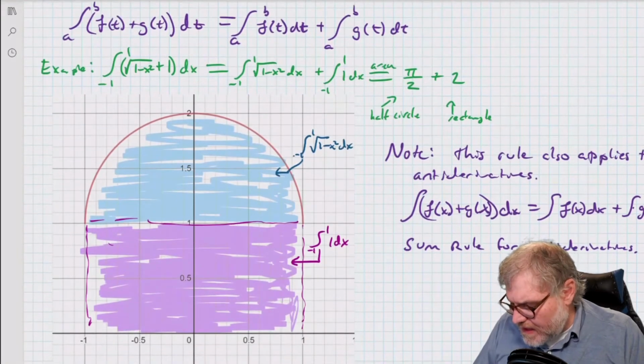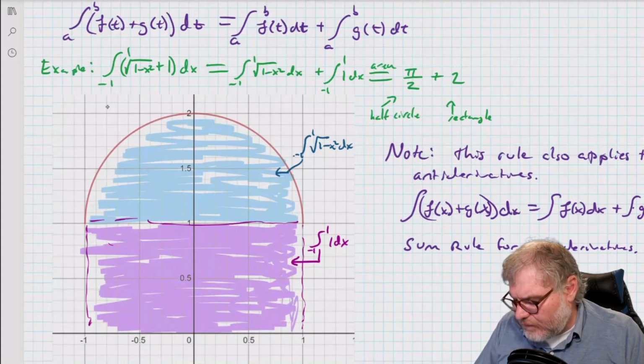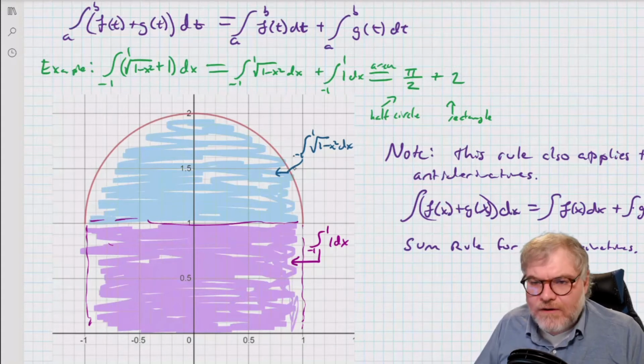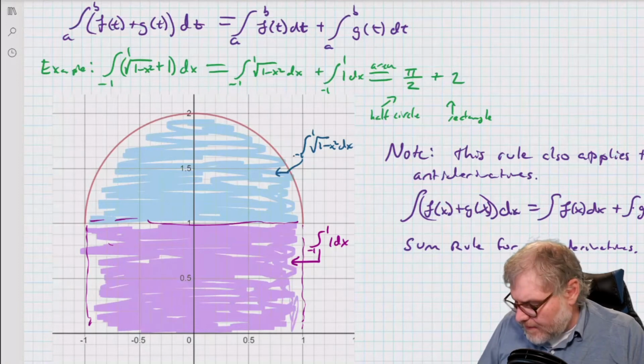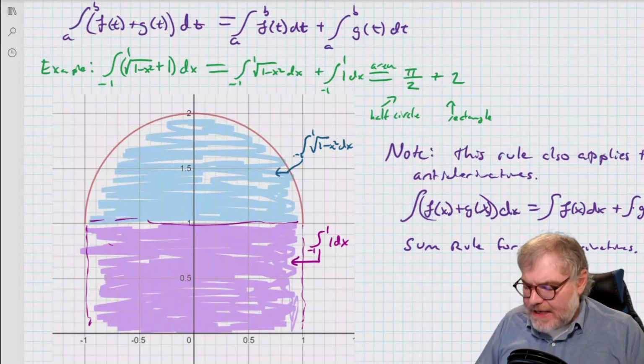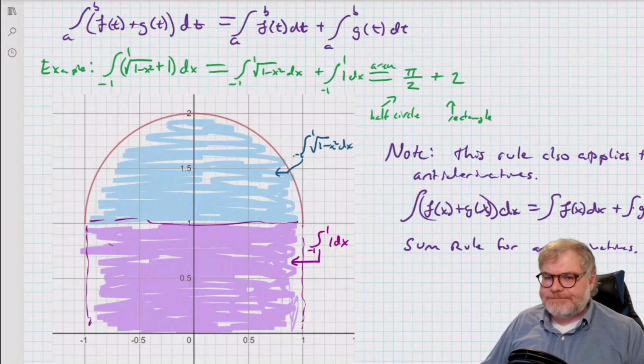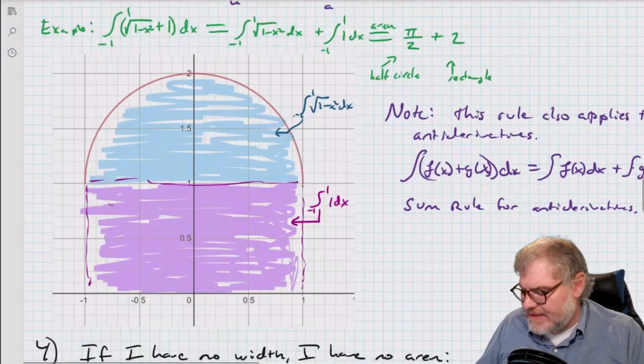So in other words, if I've got this function right here from -1 to 1 of the square root of 1 minus x squared plus 1, what I really have is half a circle plus a rectangle. And I could break up its area as half a circle plus a rectangle.